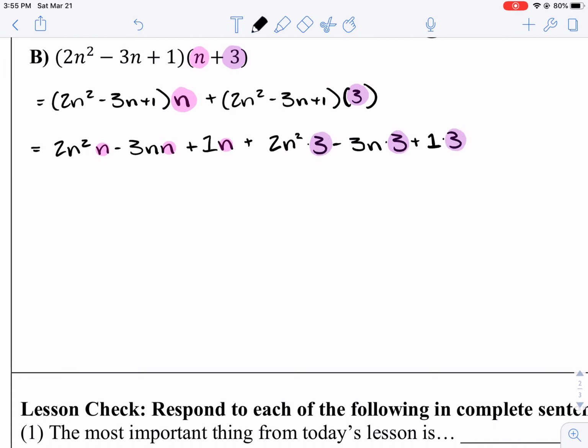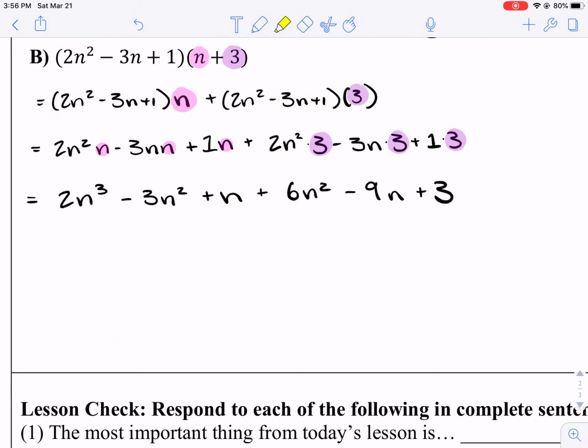Now let's simplify and combine like terms. That gives us 2n cubed minus 3n squared plus n plus 6n squared minus 9n plus 3.